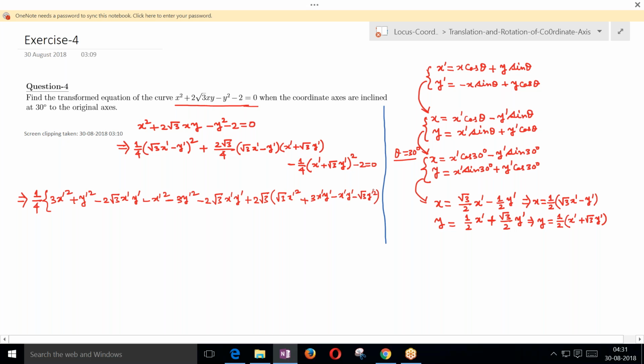So this will all be in the bracket, and 1 by 4 we take common. As we take 1 by 4 common, then it is minus 8, and that should be equal to 0, because we take the 2 inside of this.